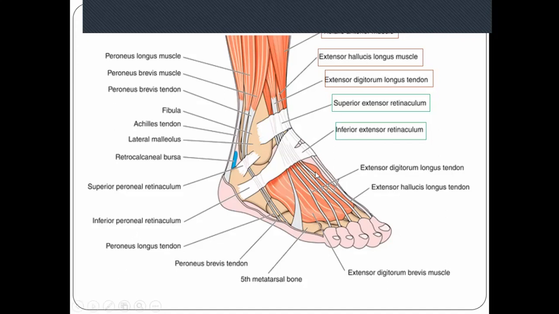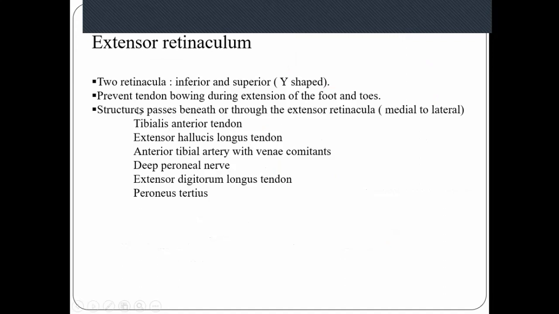And the structures which pass beneath or through the extensor retinaculum are the tibialis anterior tendon, extensor hallucis longus tendon, anterior tibial artery with venae comitantes, deep peroneal nerve, extensor digitorum longus tendon, and the peroneus tertius.